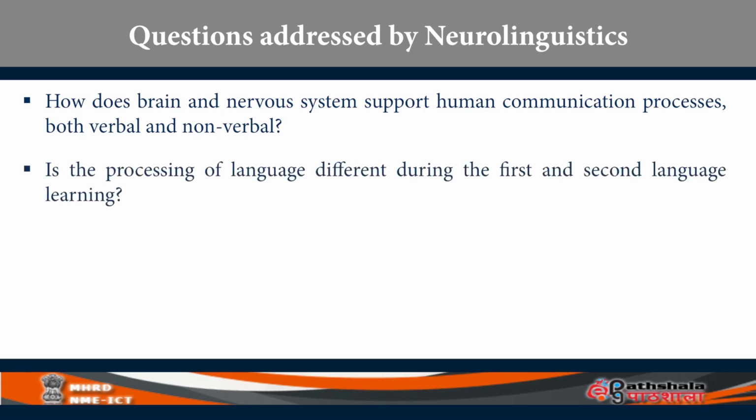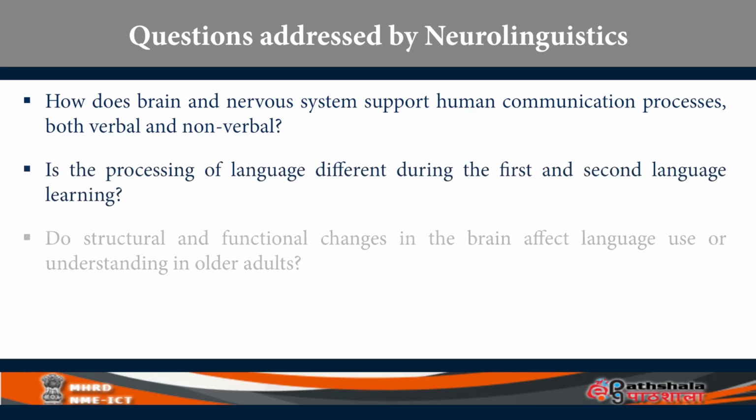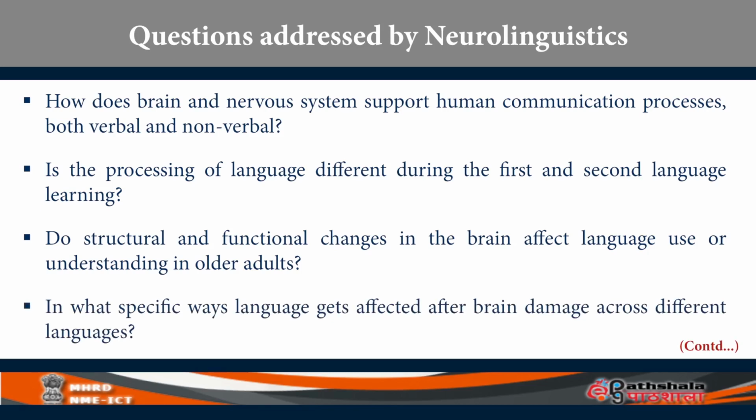Is the processing of language different during first and second language learning? Do structural and functional changes in the brain affect language use and understanding in older adults? In what specific ways does language get affected after brain damage? And is this different across different languages?